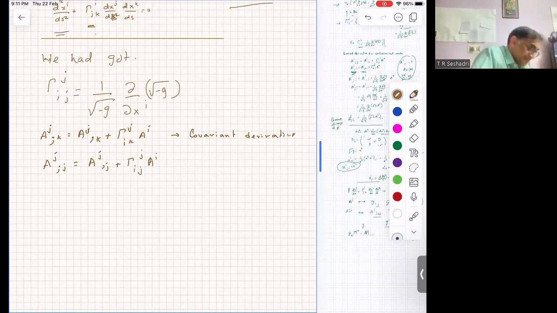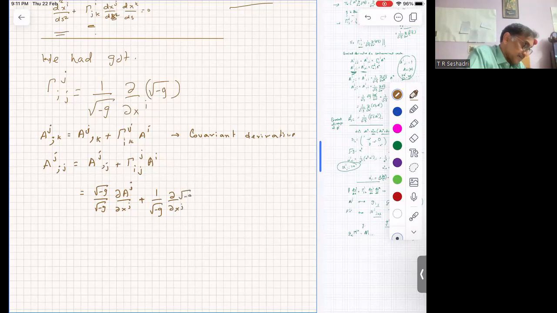And this meant that this is equal to, I multiply by root minus g and divide by root minus g, del A^j by del x^j plus this.